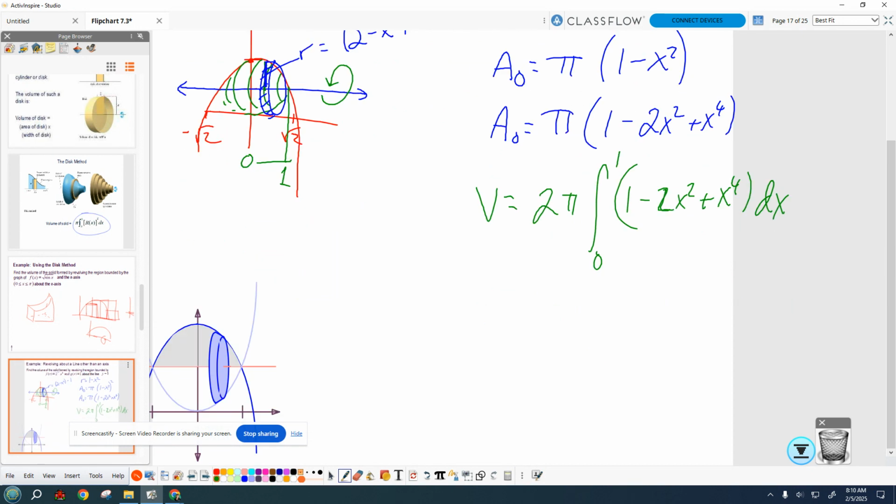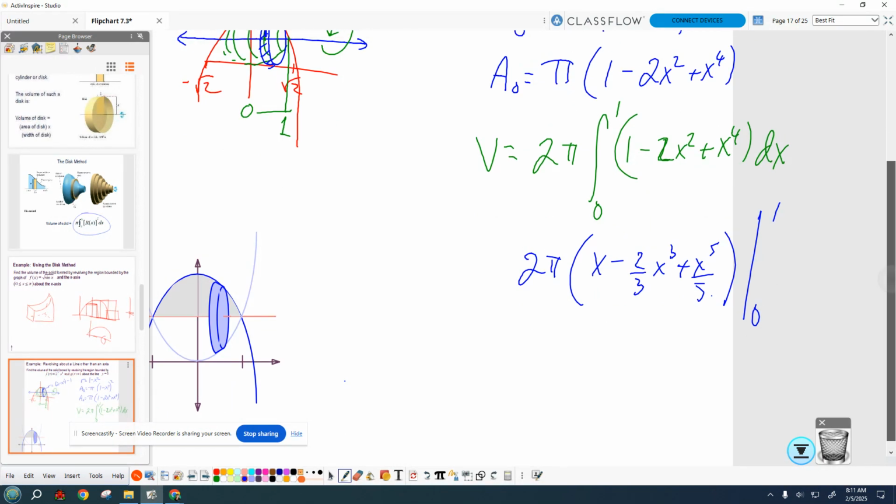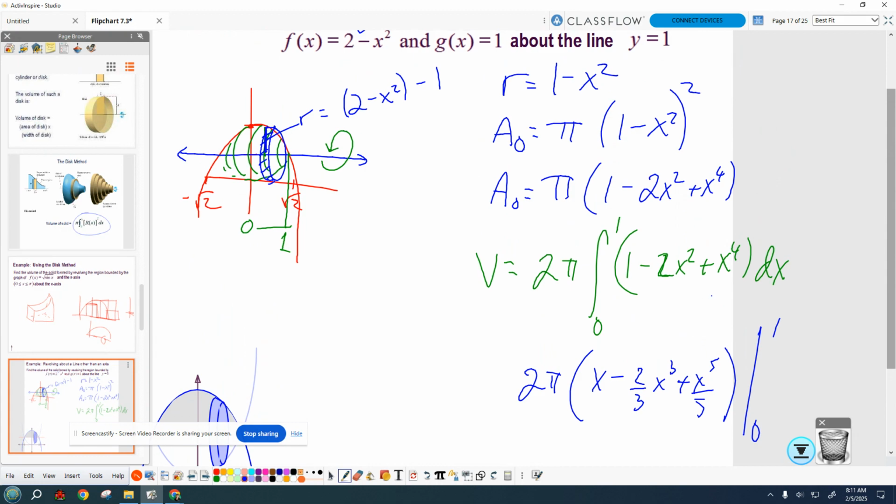Ray, integrating, what do I get? You get 2 pi times x minus 2x cubed over 3 plus x to the 5th over 5. Thank you, Adrian, for making it go to 0, because the second part to plug in is easy. How did you get that the height was like that minus 1? Well, what Sita said, for the radius of this circle, what is that length?